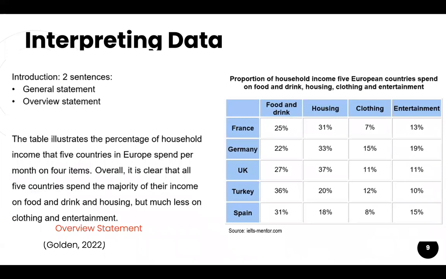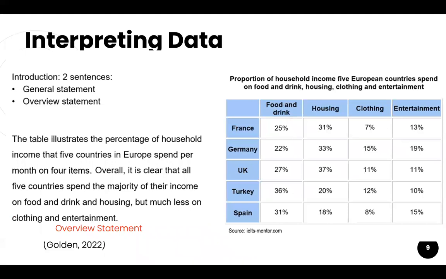And for the body paragraphs, you have to consider trend one, trend two. So consider the trend of French people, or rather in France. The French spend their income most on housing, right? And of course, it's followed by food and drink.